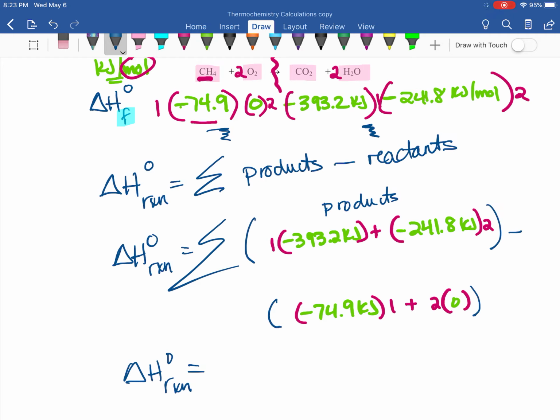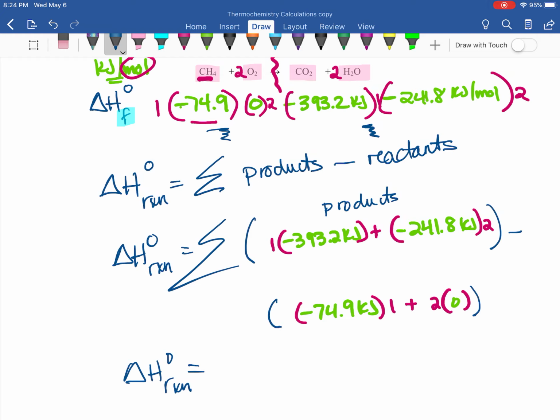So really, this looks really sassy, but all you're doing is grabbing a table and adding and subtracting. I kind of love it. And of course, finding your balance. All right, so I'm going to take a second to actually plug this in on my calculator as well. All right, and then I'm going to subtract.